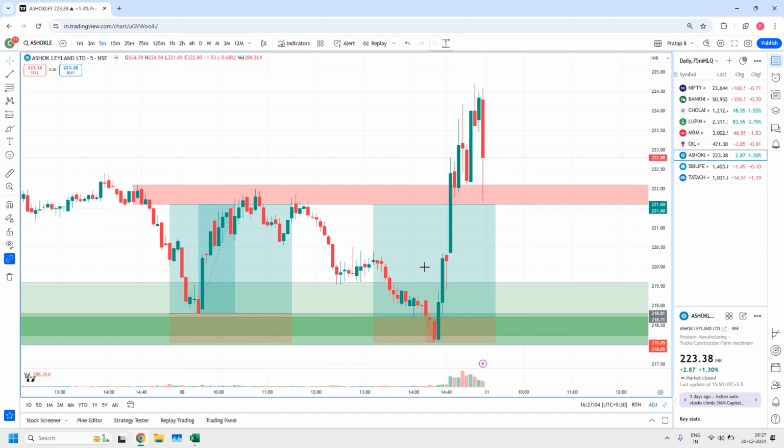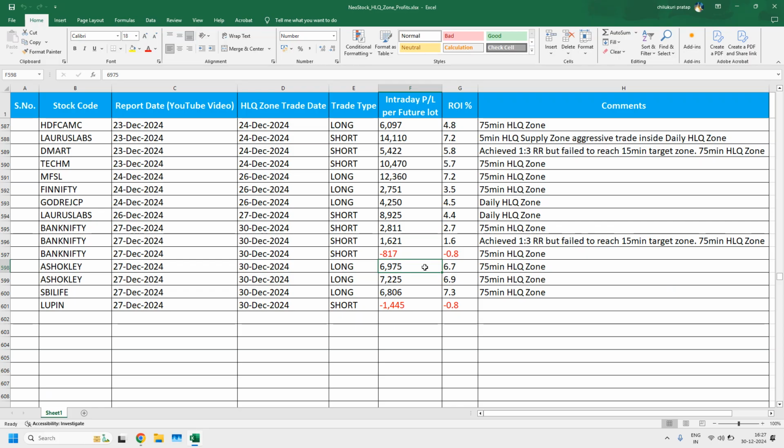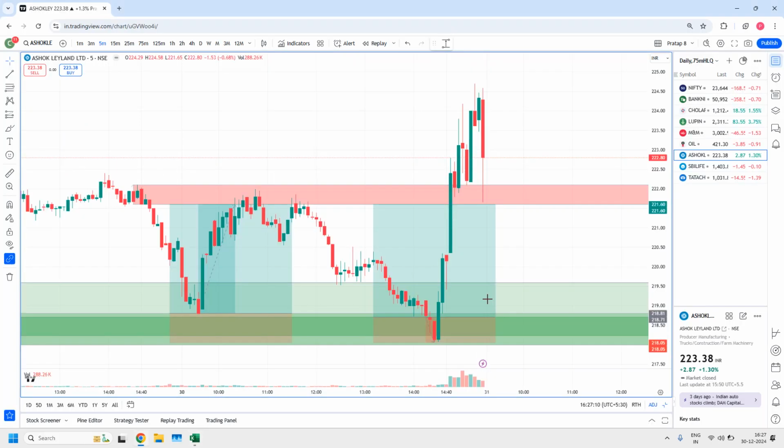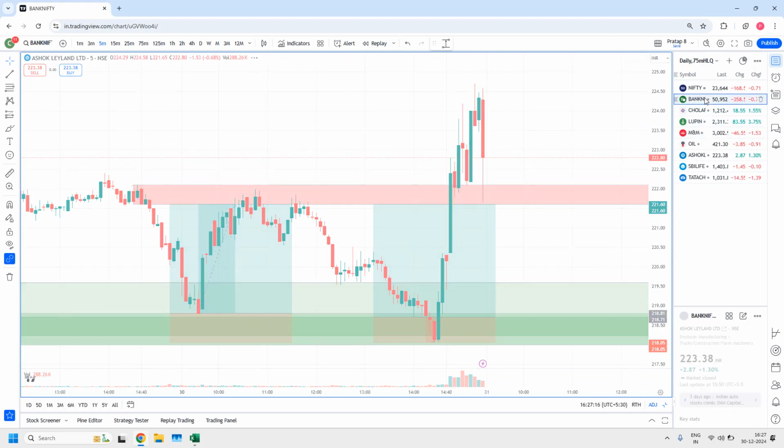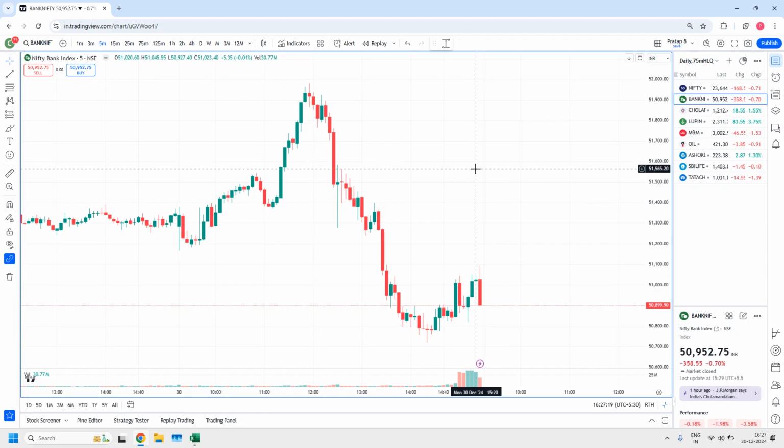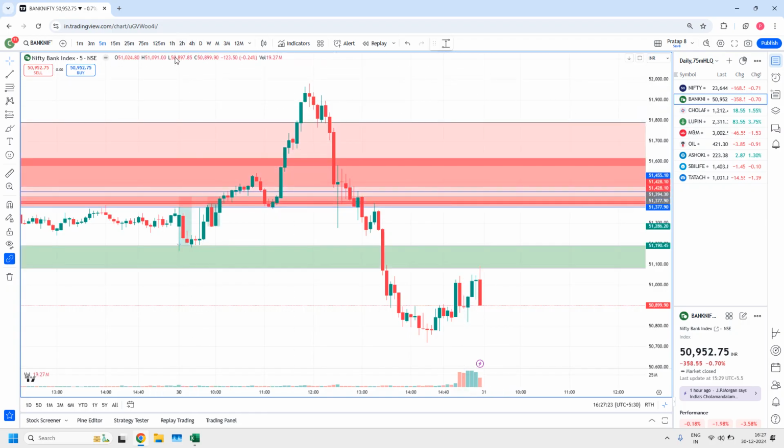Okay, so this is about Ashok Leyland. Next, we got Bank Nifty. 3 trades it gave today. This is a 75 minutes high liquidity supply zone.